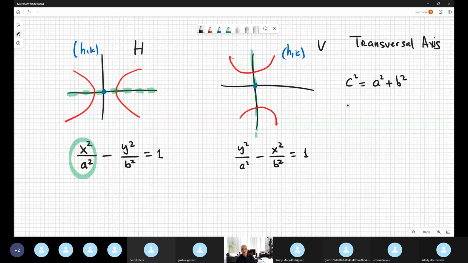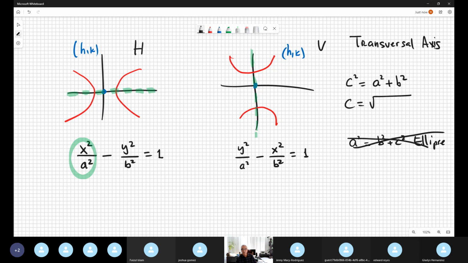And the ellipse was A squared equals B squared plus C squared. This is for ellipse. Now forget about ellipse. To determine C, it is the square root of A squared plus B squared. Entonces C is the bigger segment, the bigger distance, the focal distance.